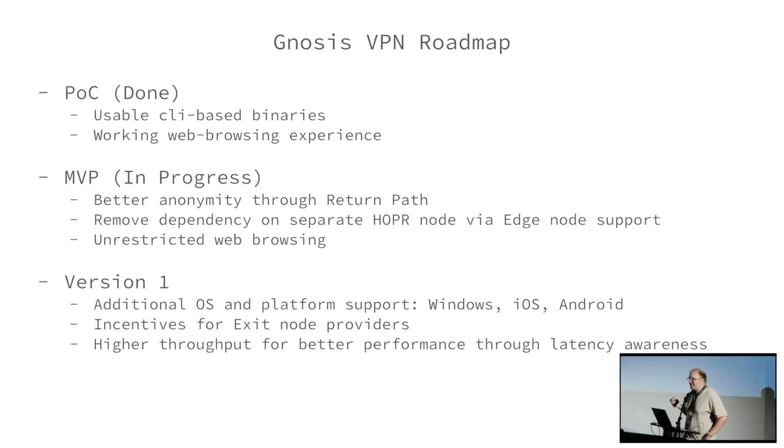And this is exactly covering your question, how do you become an exit node runner and why would you become an exit node runner? I hinted at it earlier. The idea of GnosisVPN is to become an ecosystem for VPN exit node providers. We don't want a single provider to be the target for all VPN connections.